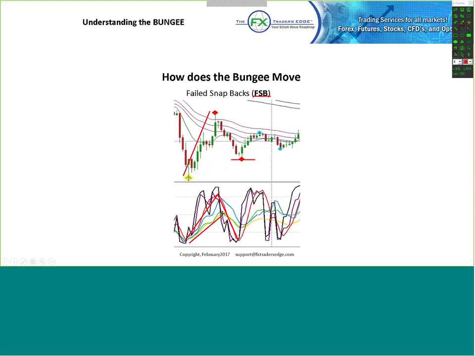If they reach the middle of the channel or even push higher than the middle of the channel, then the chances of making a new extreme are reduced. Yeah, you're beginning to get more interested in a failed snapback and ultimately the continuation to a new high above there as opposed to a new low below the previous pivot low.